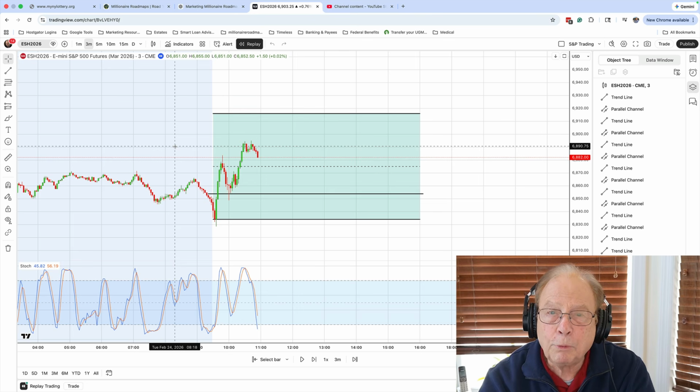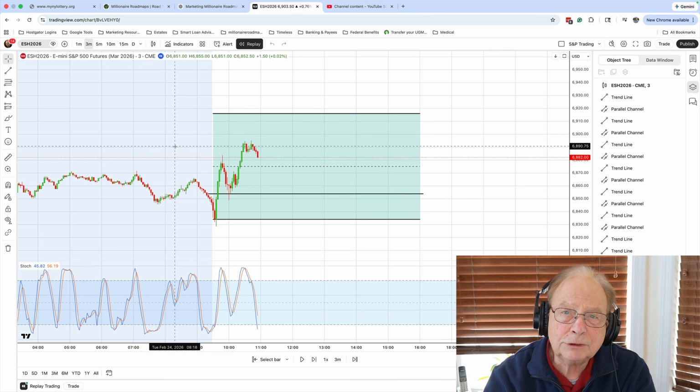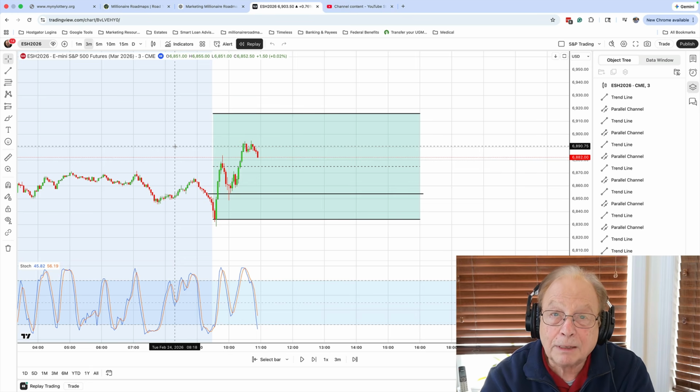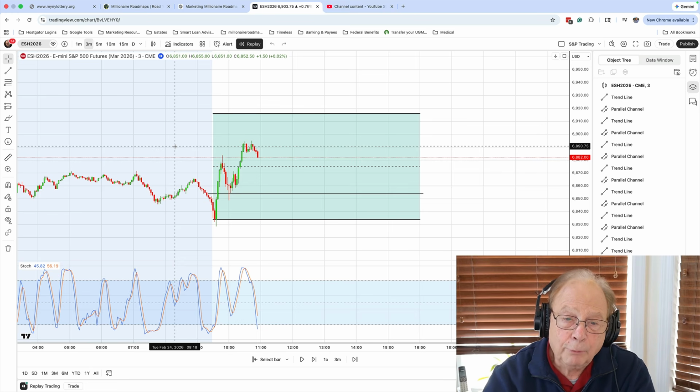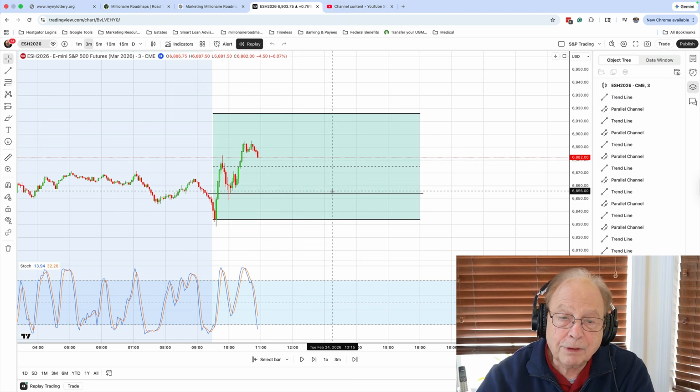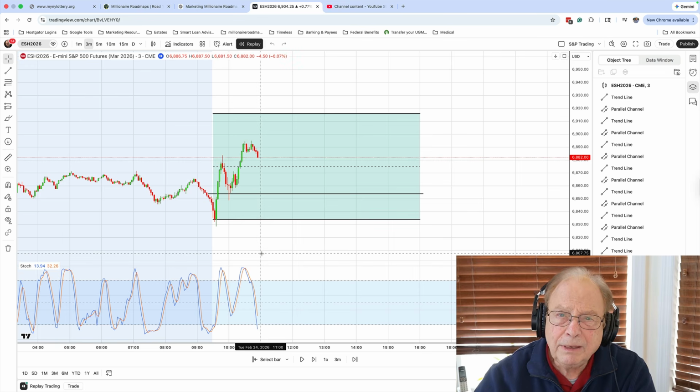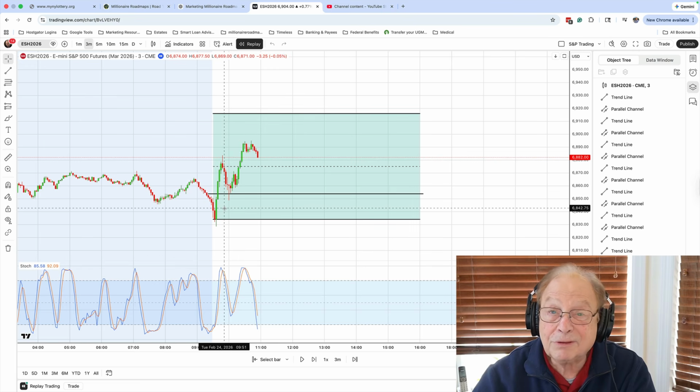But at least if you know what to look for, you can make estimates of where prices are likely to go based on the setup that you're looking at. And so using the previous day's close, using the Taylor Trading Zone, and using the stochastics gives you a pretty good indication of how to time your trades, where to get on, where to get off, and where prices are likely to go during that session.